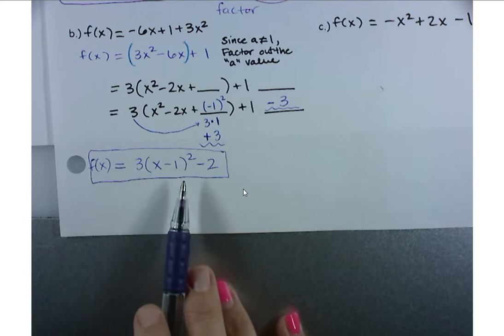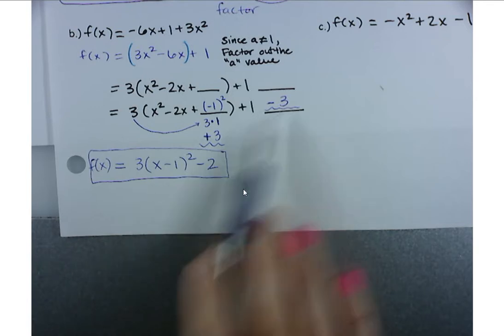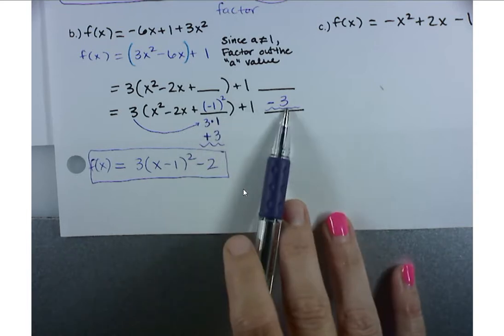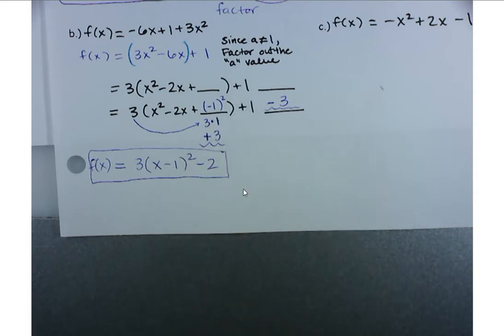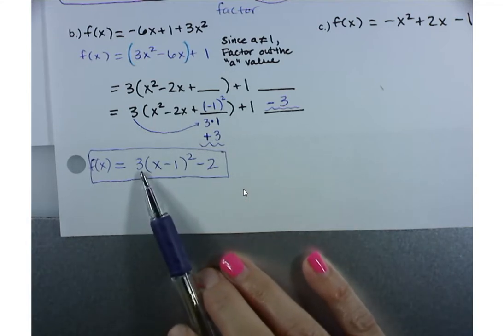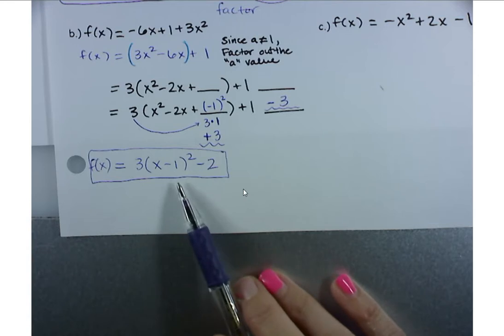That's where subtracting 3 is effective. I wouldn't want you to subtract 1, because then that wouldn't balance the equation. So it stays the same in the parentheses. It's just because of this 3 on the outside that you have to remember to multiply the 3 by that value.